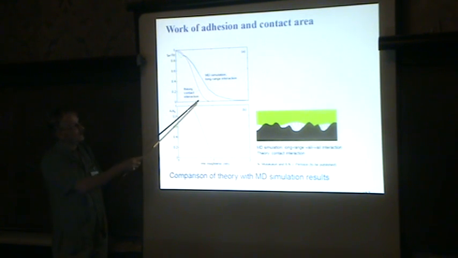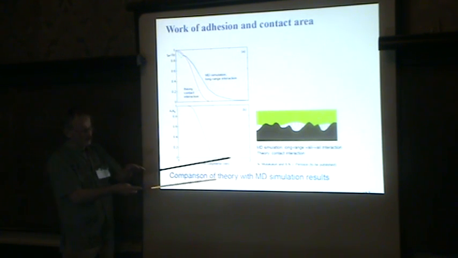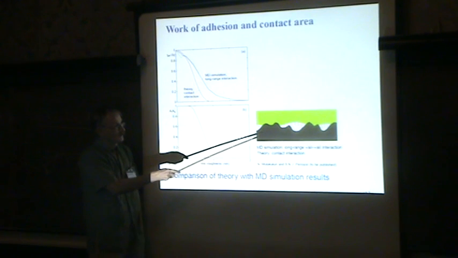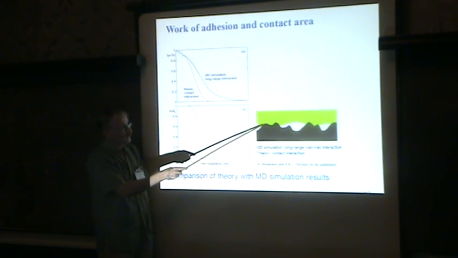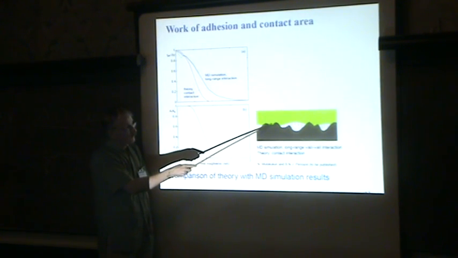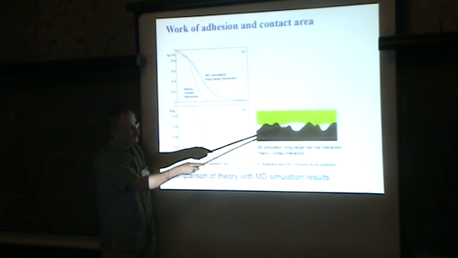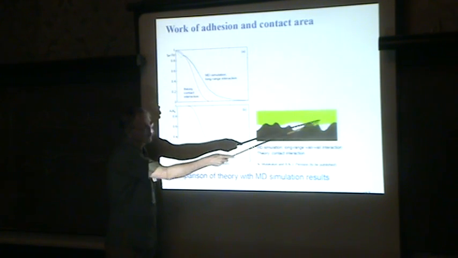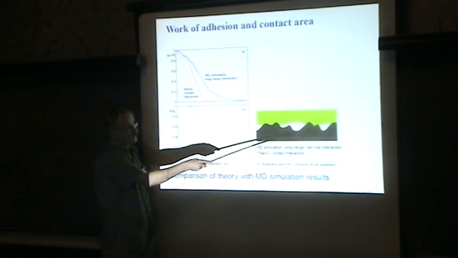But that's also what you expect, because we are looking at a small system, and the separation between surfaces is quite small, even in the non-contact region. In the theory we have a contact interaction, so we only bind where we really make contact. But in the molecular dynamics calculation, because of the long-range nature of the Lennard-Jones interaction, you will also get some attraction from the non-contact region, which also gets pushed towards the substrate here.